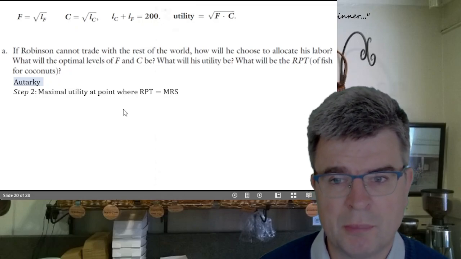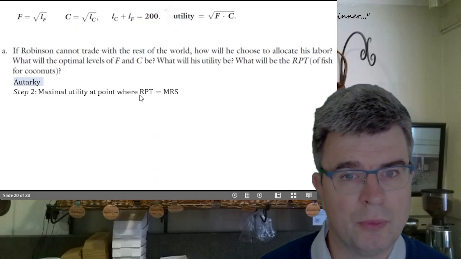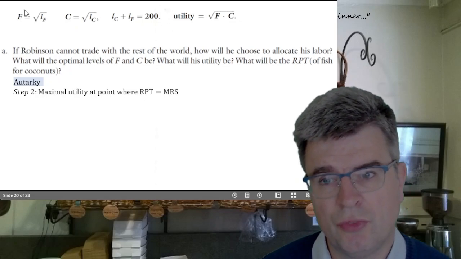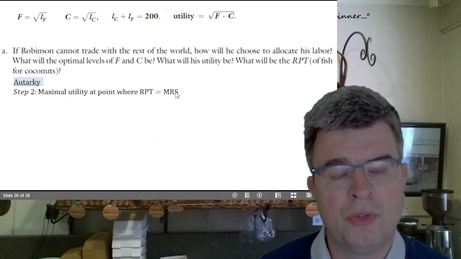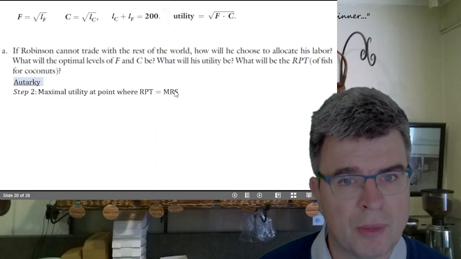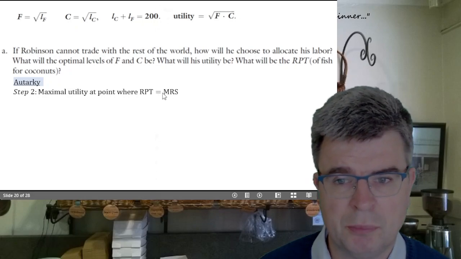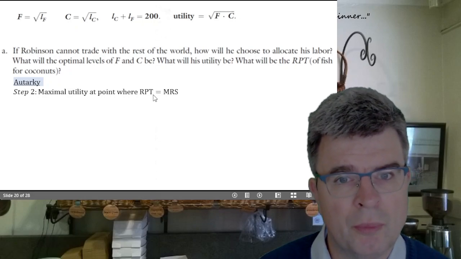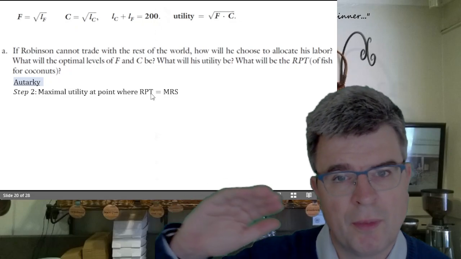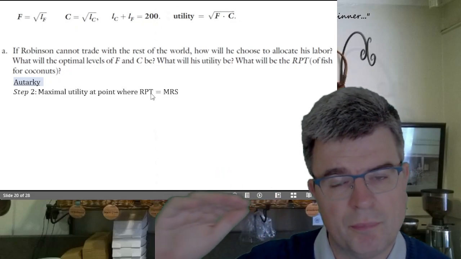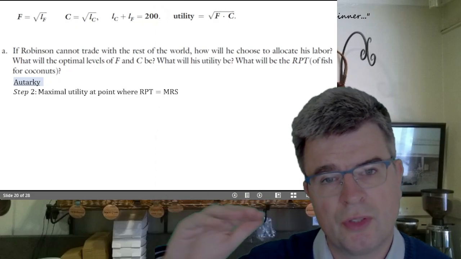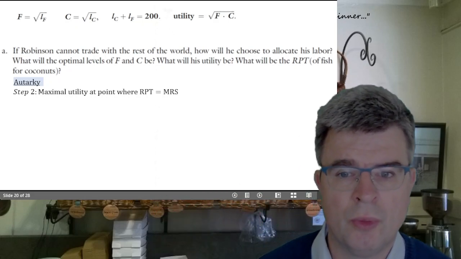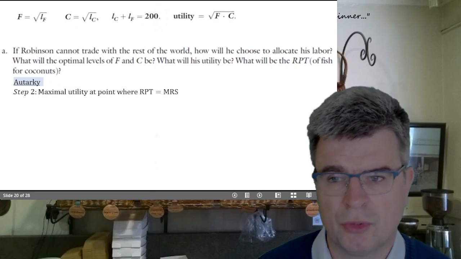The RPT is about what he's able to produce given his production functions and his number of hours, and the marginal rate of substitution is derived from his preferences. This is the point where the production possibilities frontier is tangent to the highest indifference curve that he can reach.